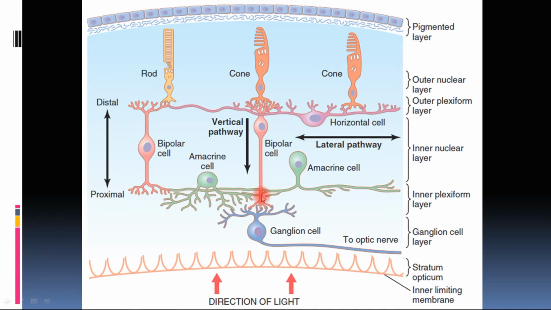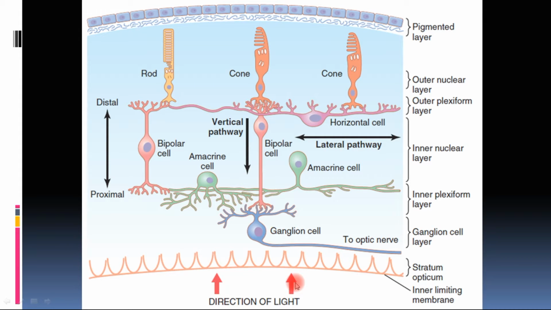The axons of the inner cells and the dendrites of the ganglionic cells form the inner plexiform layer. Then comes the ganglion cell layer, and from this layer the ganglion cells give axons which form the optic nerve, and limiting this is the inner limiting membrane.